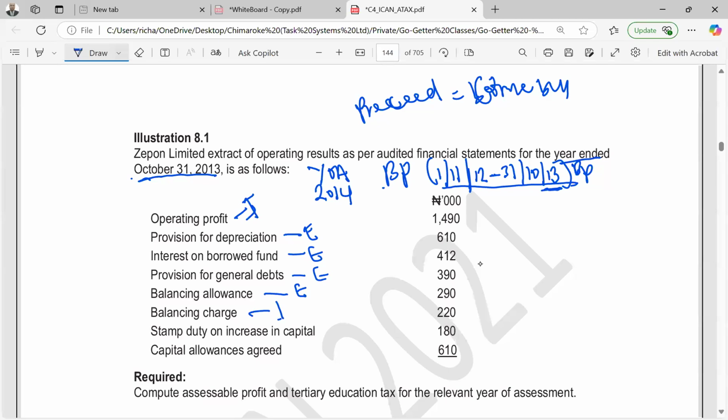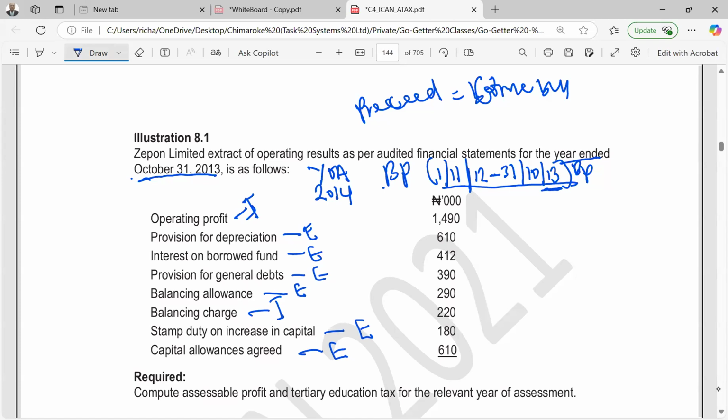Balancing charge is income. Stamp duty of this is expenses. Capital allowance is expenses. Now we are told to compute the assessable profit and tertiary education tax for the relevant year of assessment.